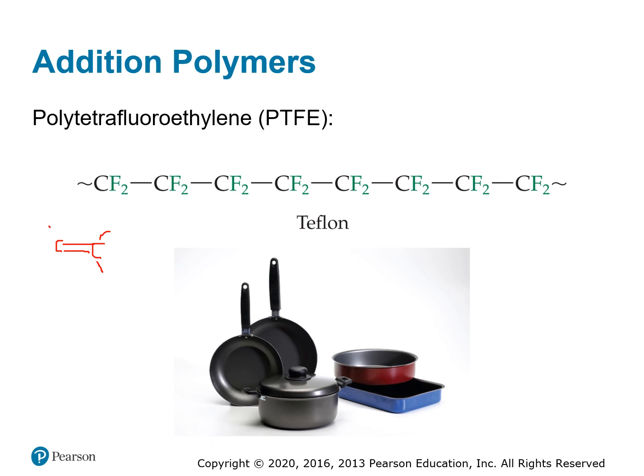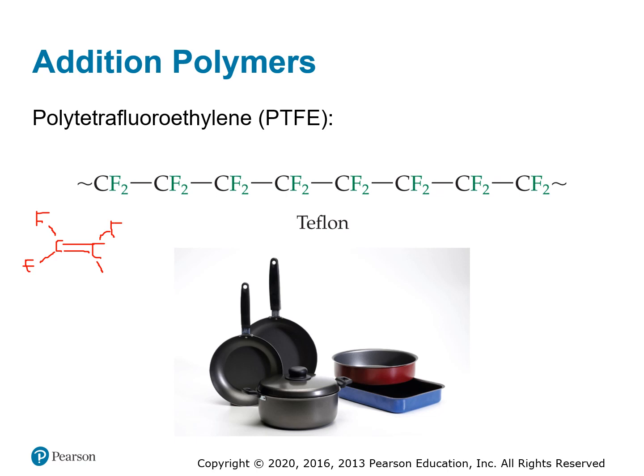So that's why we call that tetrafluoroethylene. Notice that each of the carbons is bonded to two fluorine atoms. So that's the structure of that monomer.